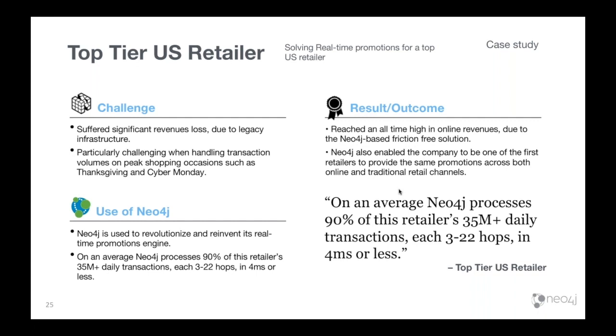Each of them, the graph query is 3 to 22 hops, so 3 to 22 relationships long. And Neo4j does 90% of those in 4 milliseconds or less. So they've been able to run Cyber Monday or Black Friday peak volumes, promotions online and in their traditional retail channels, real-time promotions using Neo4j, which is really exciting and a really good use case.